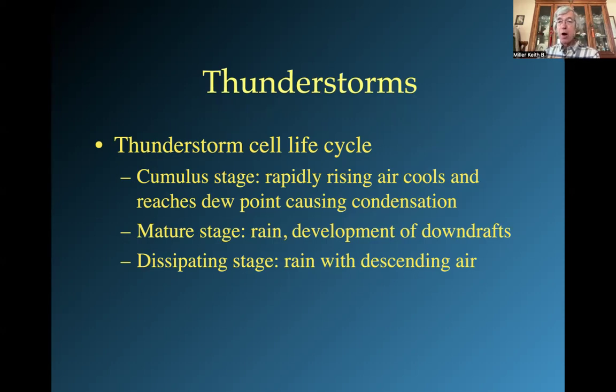So now we have both rising air, as the warm, moist air rises, and cooler downdrafts associated with the rain that's falling. Eventually, the updraft ends, it dissipates, and the storm then just rains out.